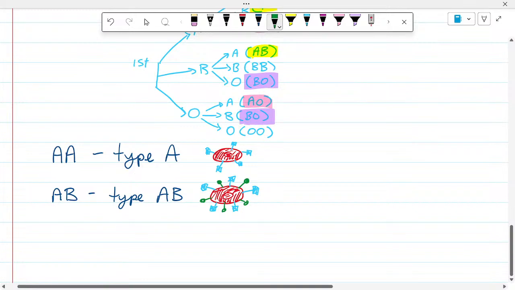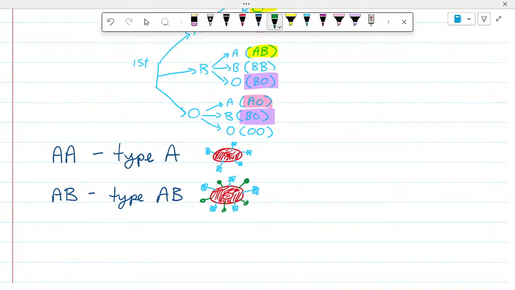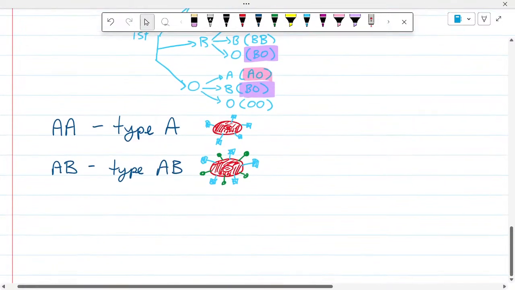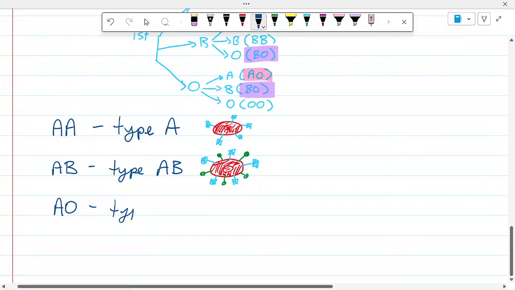Okay, but our third genotype was AO. What blood type is this person? Yeah, they're just type A. There's no such thing as type AO because O is recessive.